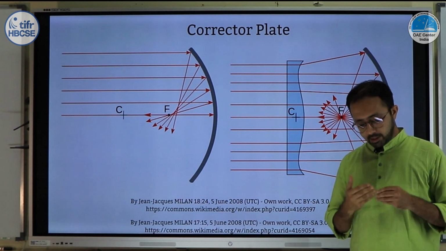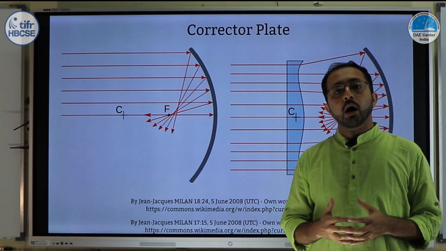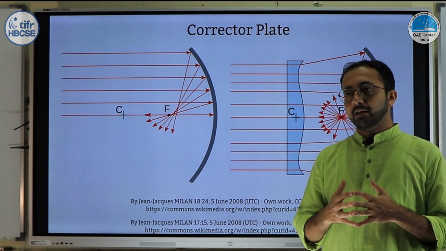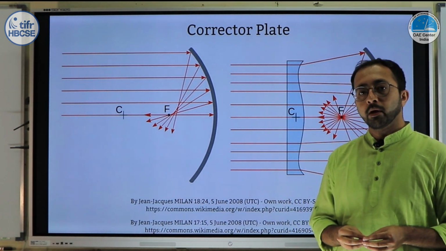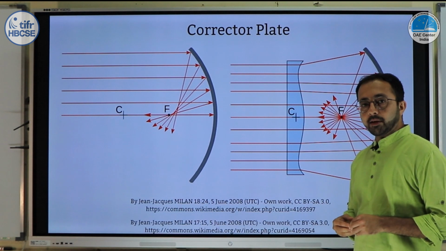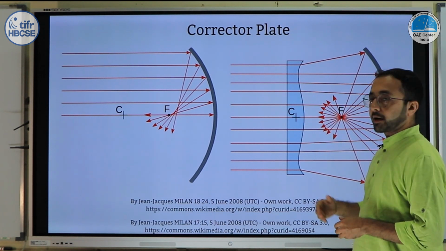So, this is another beautiful design which is commercially available, and you can easily go and buy these telescopes, called the Schmidt-Cassegrain telescope, which comes with a corrector plate.